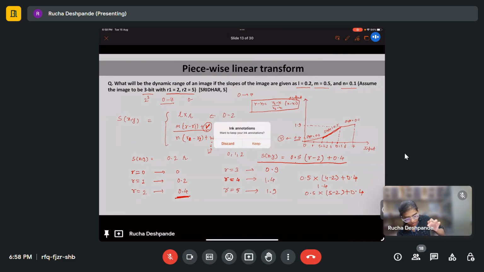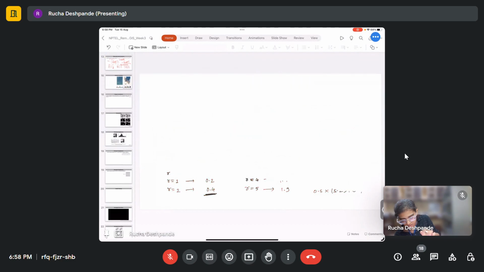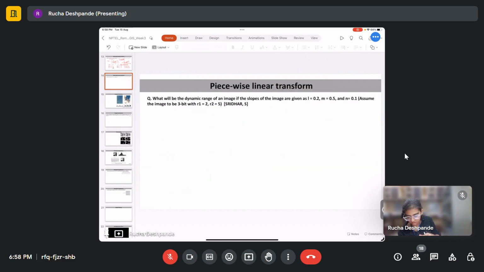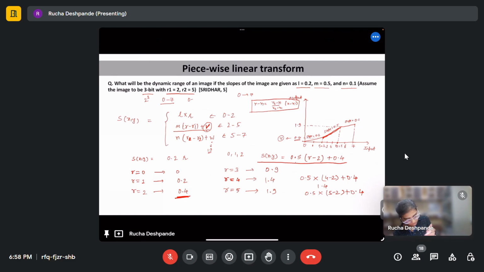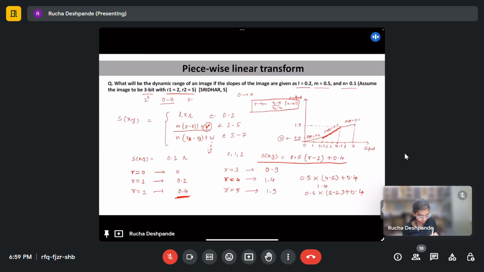Let's add a new slide. So here we have s of x comma y is equal to n, which is now 0.1, into r minus 5, because r2 is 5, plus w. Now the w that we calculated here is 1.9.